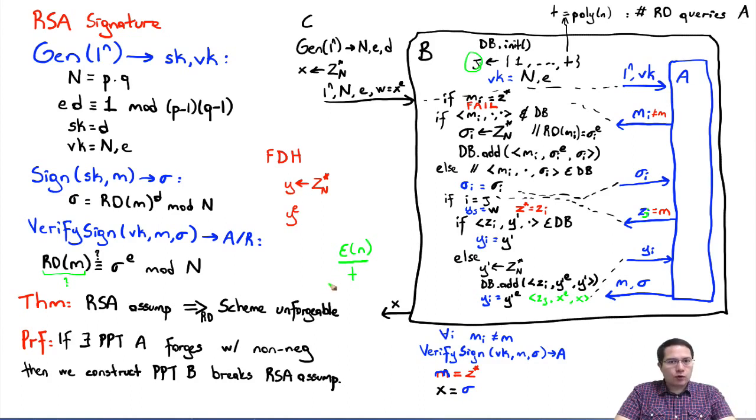If the RSA assumption holds, this whole epsilon of n over T must be negligible. T is polynomial, therefore epsilon of n must be negligible. So if adversary A forges a signature with non-negligible probability, then B breaks the RSA assumption with non-negligible probability. If the RSA assumption holds, which means this probability must be negligible, then indeed epsilon of n must be negligible, meaning that the scheme is indeed an unforgeable signature scheme.